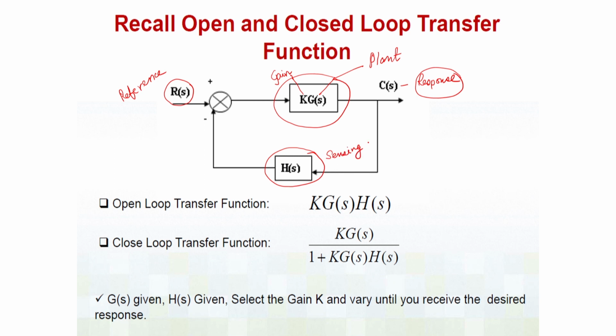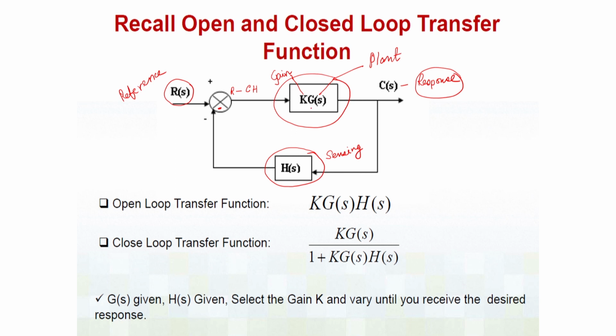Now, if we do a little bit of algebra, first of all, we are going to see that this C(s) is coming here and a negative feedback is happening. So, you can almost call this R(s) minus C(s)H(s). I am just keeping it as simply R minus CH.